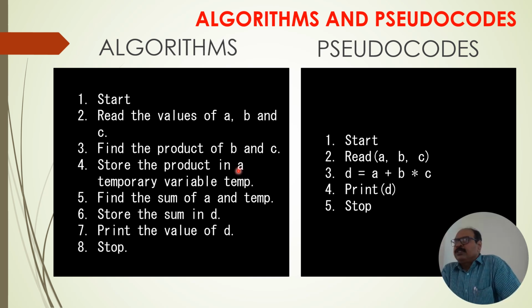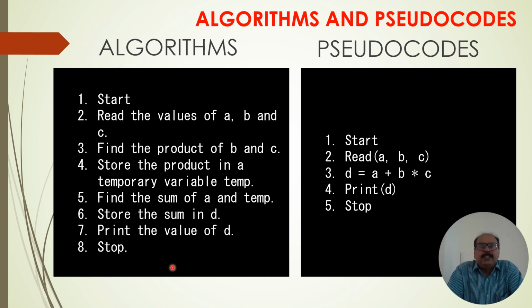The next step is to find B into C. After that, we store this B into C in a temporary variable and then add it up with A, so find the sum of A and this temporary B into C. Store the sum in D, print the value of D and stop the algorithm.